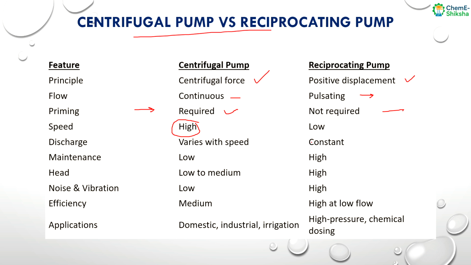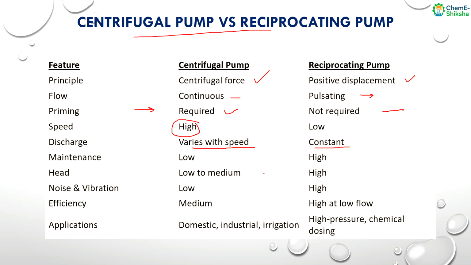The discharge, as I told you, varies with the speed for the centrifugal pump, but for the reciprocating pump it is constant. So that's why the reciprocating pump is called the constant flow pump or the metering pump. Now the maintenance for the centrifugal pump is lower than the reciprocating pump.